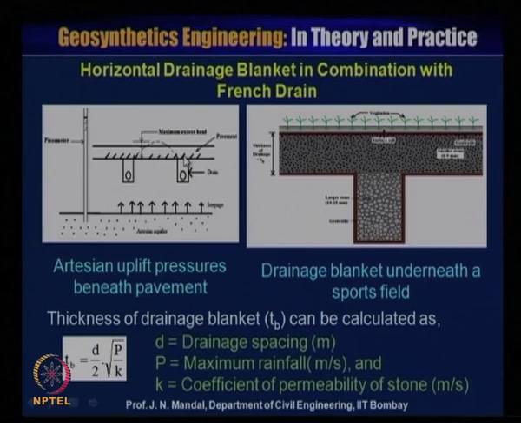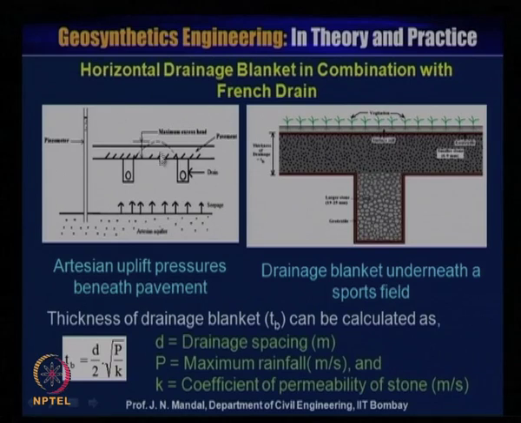Then how can the horizontal drainage blanket with the French drain solve this problem? Now you have to calculate what should be the thickness of the drainage blanket, because the water level goes up here. This is the maximum excess head.